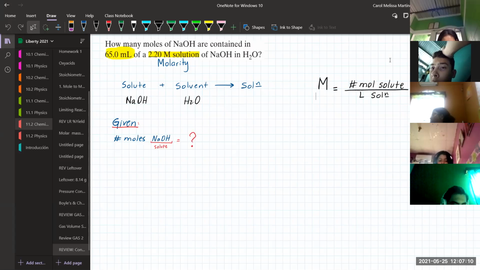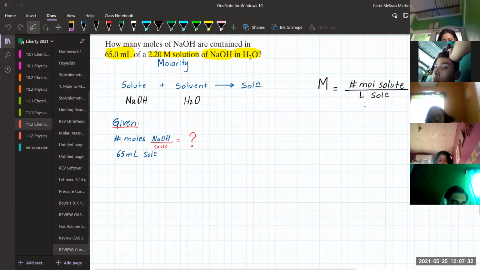of sodium hydroxide in water. So they are giving me 65 milliliters of solution. According to the formula, I need my solution to be in liters. They are giving me milliliters, which means that I need to perform a conversion from milliliters to liters.